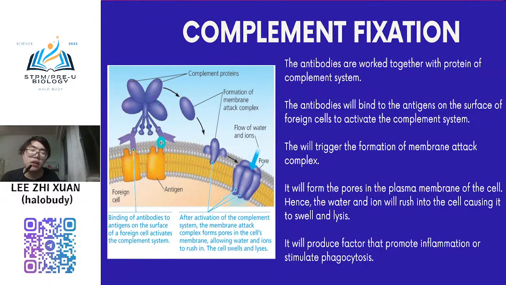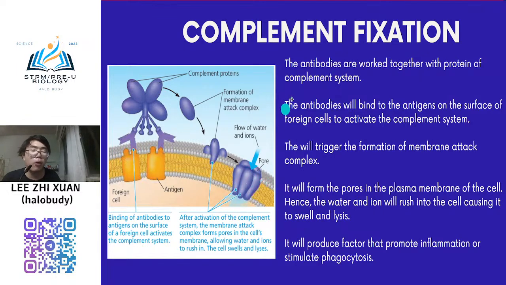Firstly, your antibody needs to bind to the antigen, and at the same time, your antibody can also bind to the complement protein. Once they are bound, this complement protein will form the membrane attack complex. As the name says, it will attack the plasma membrane of the cell. When it binds to the plasma membrane, it will form a pore.